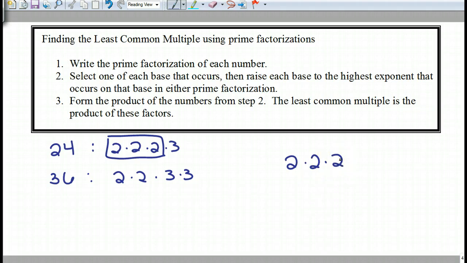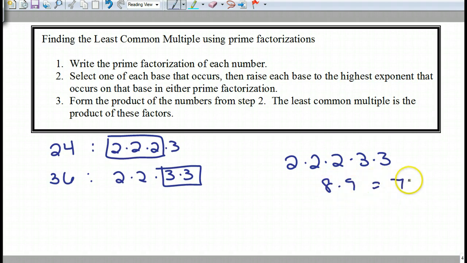Which one has the greater number of 3's? Okay, we're going to take 2 3's. Then we multiply all that together. So we have 8 times 9, which is 72. 72 is the least common multiple of 24 and 36. All right?